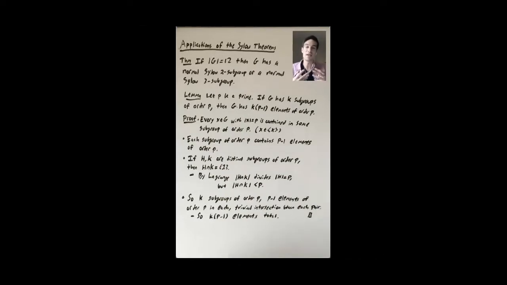We just need to make sure that we didn't double count some things. What if there's some element of order p that's in exactly 2 of the subgroups of order p? Let's see that that doesn't happen.